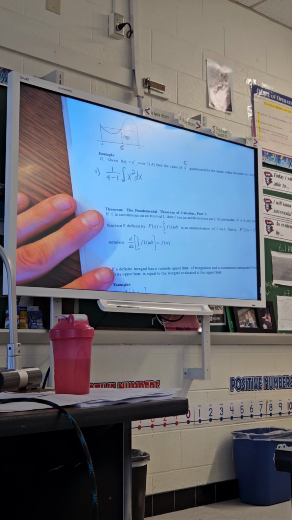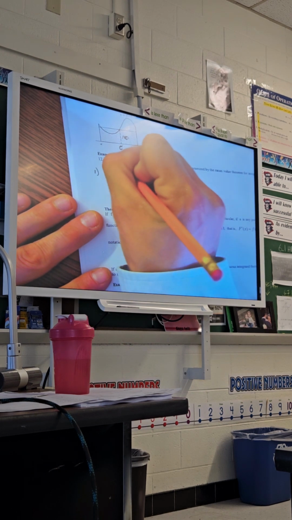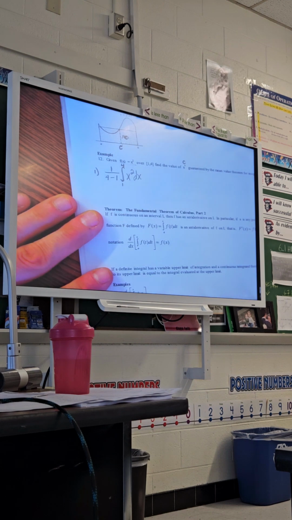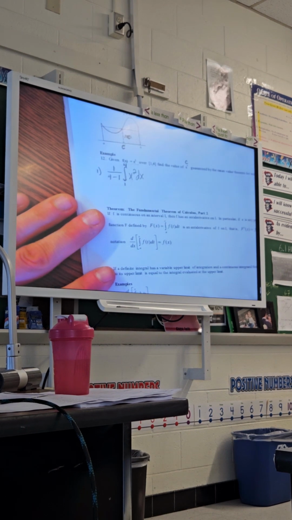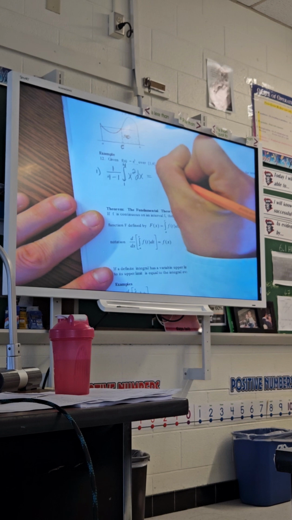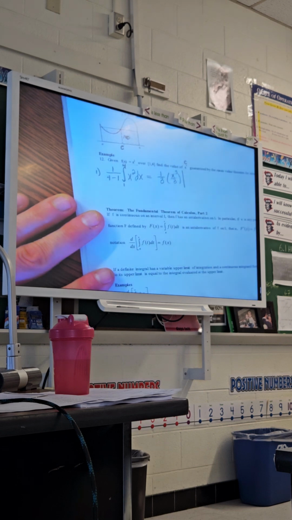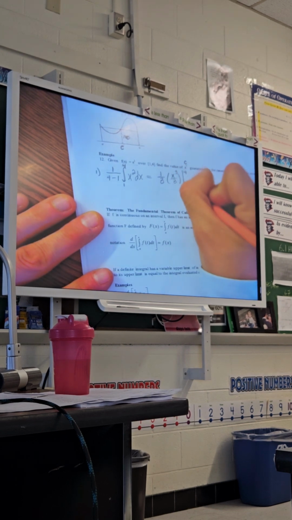We did it just like last time. You're consistent. And we are going to be evaluating this from 1 to 4. This is equal to 1 over 3 times x cubed over 3 from 1 to 4.